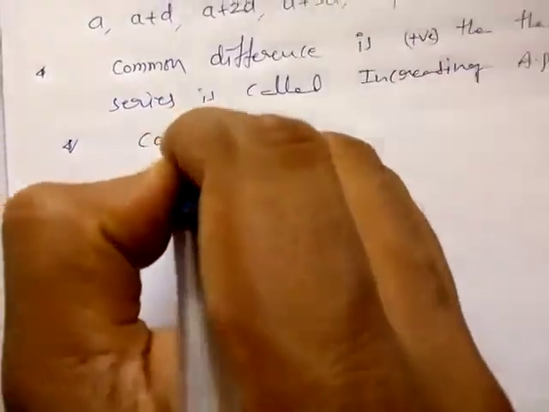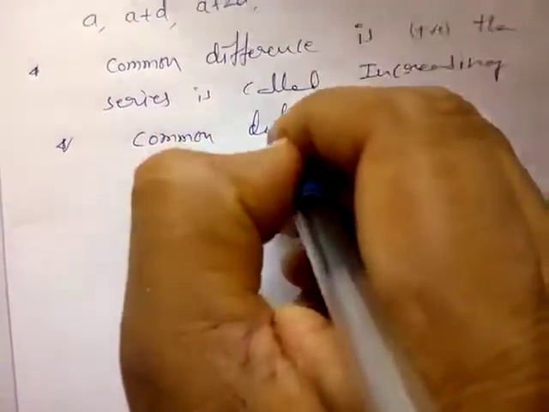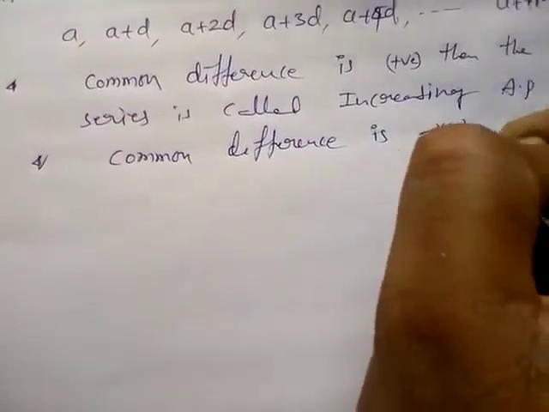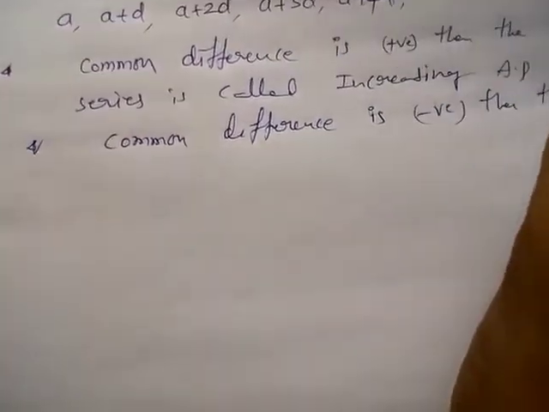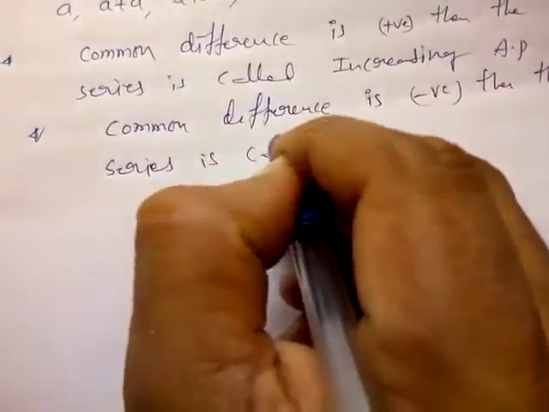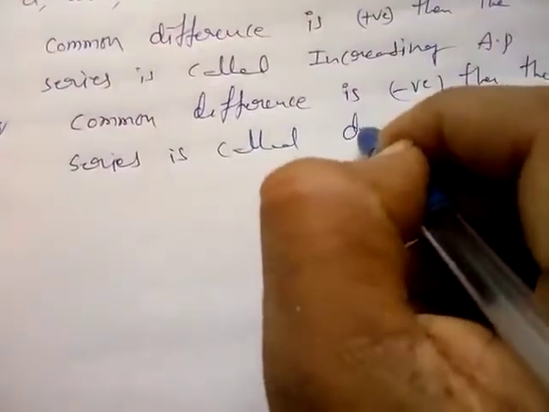If the common difference is negative, then the series is called a decreasing AP.